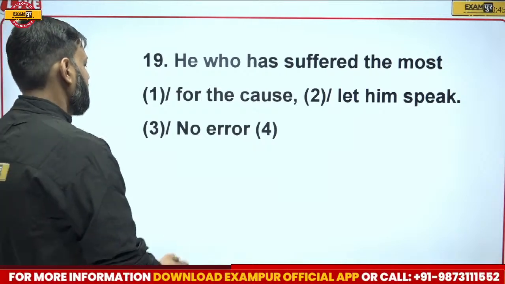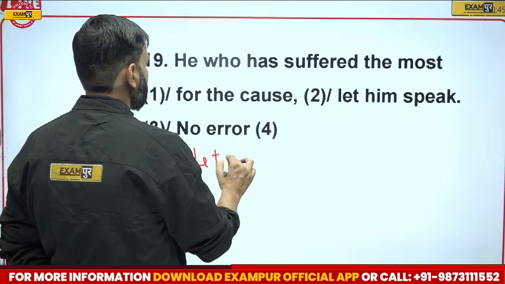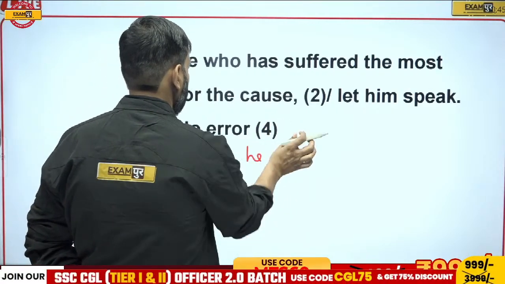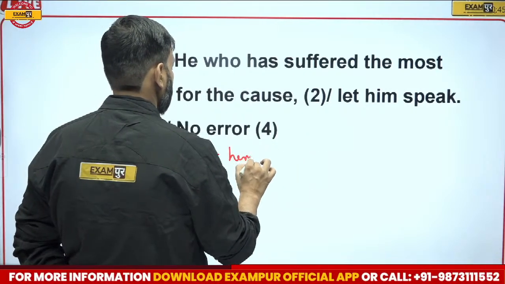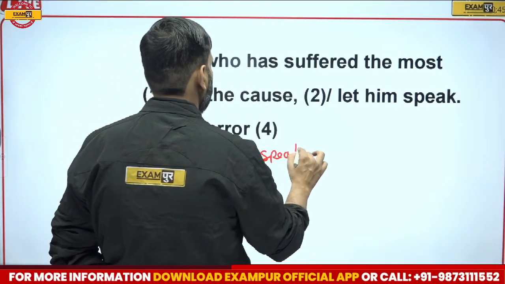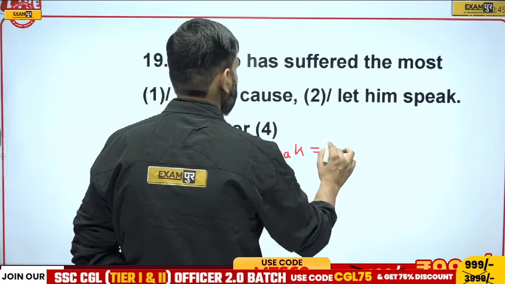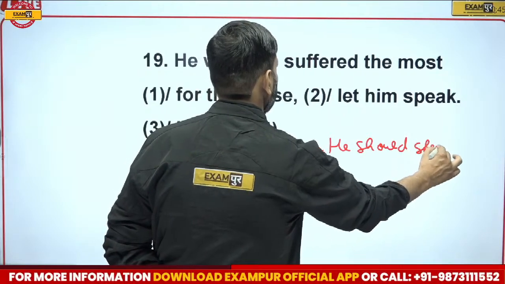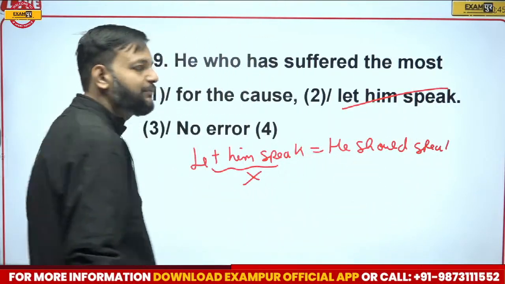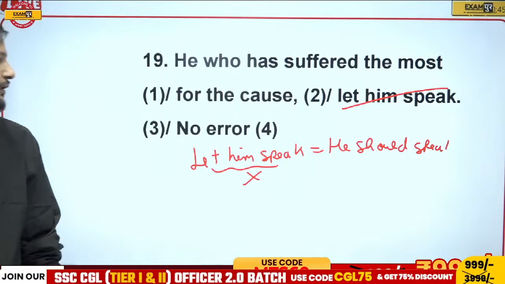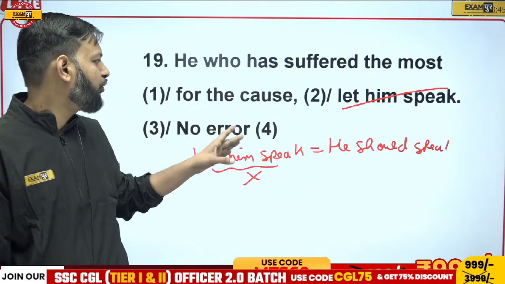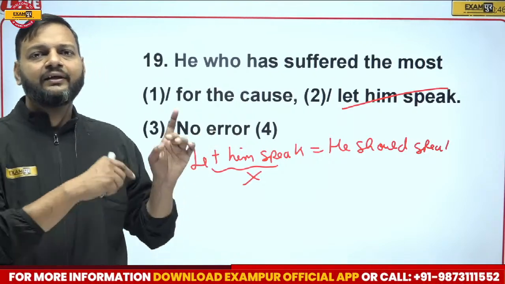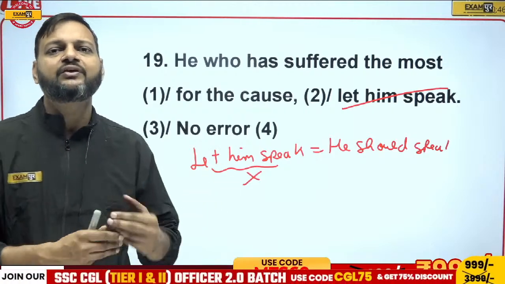Here, let him speak will be replaced by he should speak. He who has suffered the most for the cause, he should speak. Because let cannot be used in this structure of an assertive sentence.